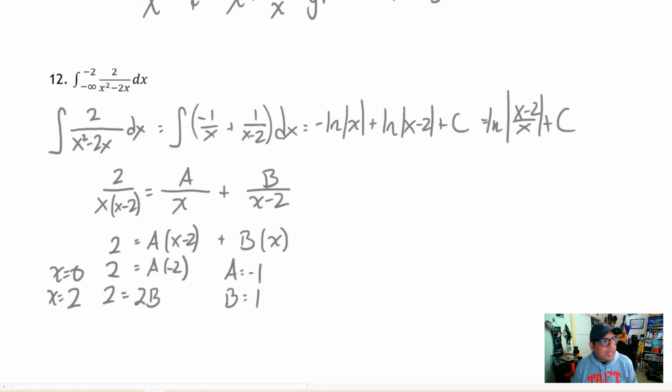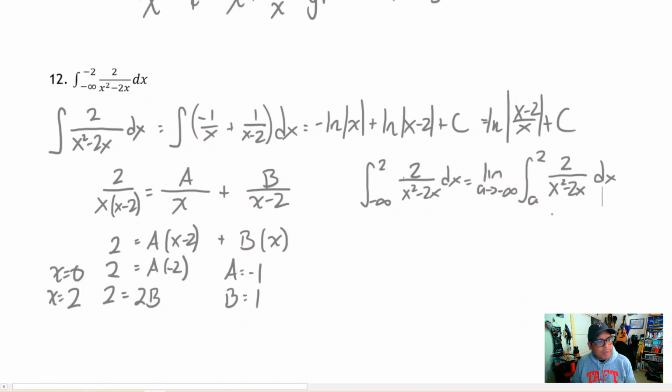Now that I have my antiderivative, I can start looking at the definite integral. So we're going to look at the definite integral from negative infinity to 2 of 2 over x squared minus 2x dx. We'll replace that infinite lower limit with an a and do a limit as a approaches negative infinity instead.